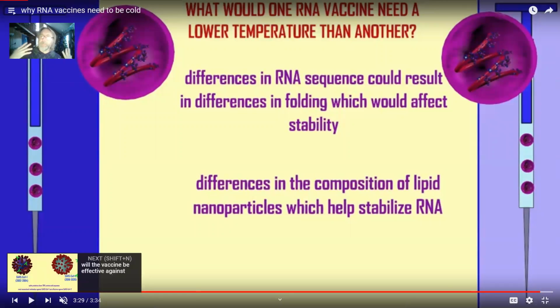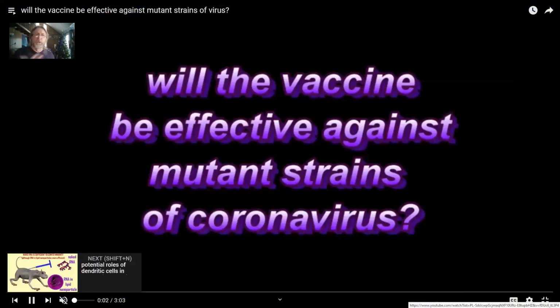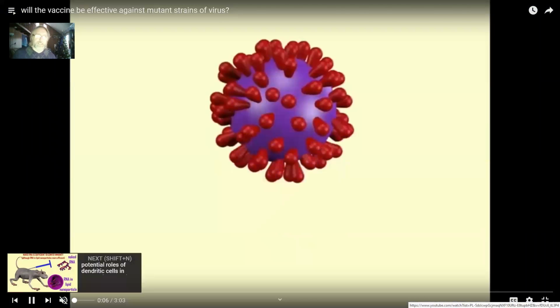So this is exciting for lots of reasons, not just for coronavirus, but vaccine production will probably be different forever from this point on because of this groundbreaking novel way of looking at vaccines.